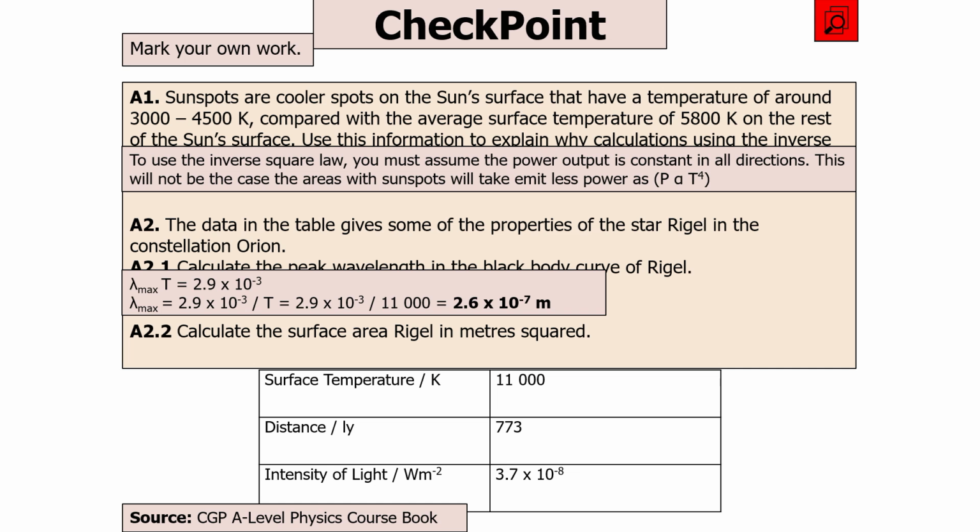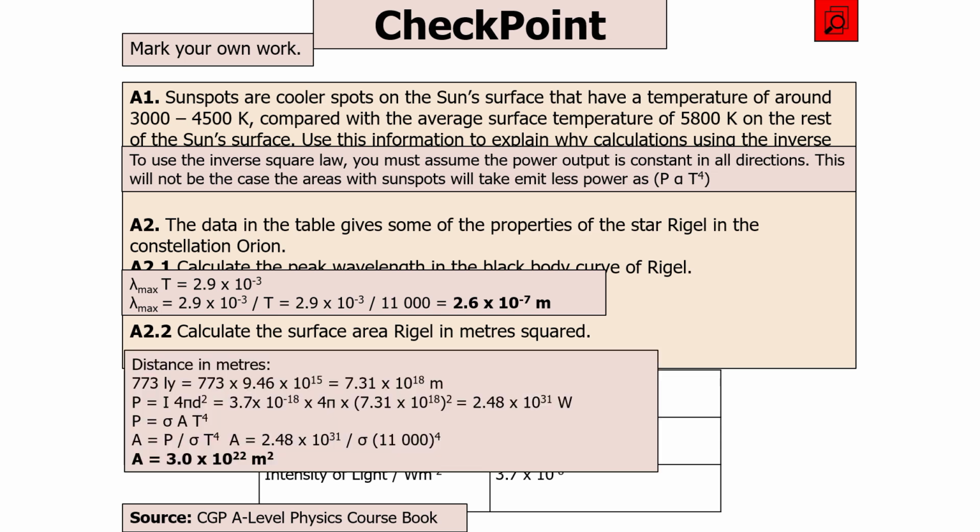This next one, we're trying to work out the surface area. In this one we can use Stefan's law, so we can say that power or luminosity equals sigma A T to the 4. A, we can therefore say, is the power or luminosity over sigma T to the 4. However, we've got to work out what this power is first. So we've got to use the inverse square law, and the inverse square law says that the power will be the intensity multiplied by 4 pi d squared, as I've written down there.